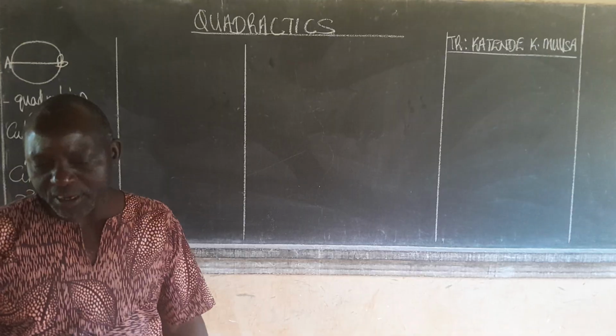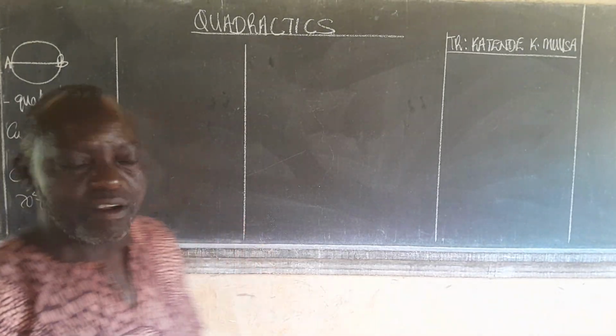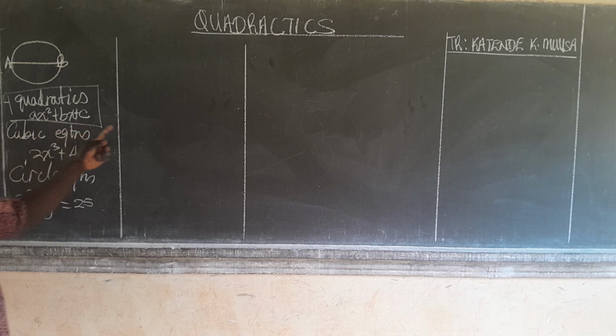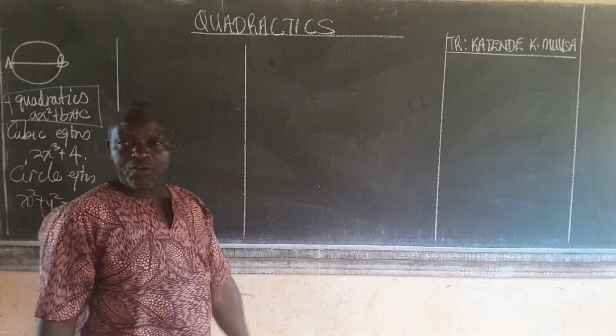Here r is the radius of the circle, where r squared is going to be 5. But as per today, we want to capitalize so much on quadratic equations, because these other ones we shall have a look at at a later stage. Therefore, what we are going to capitalize on so much are quadratic equations.